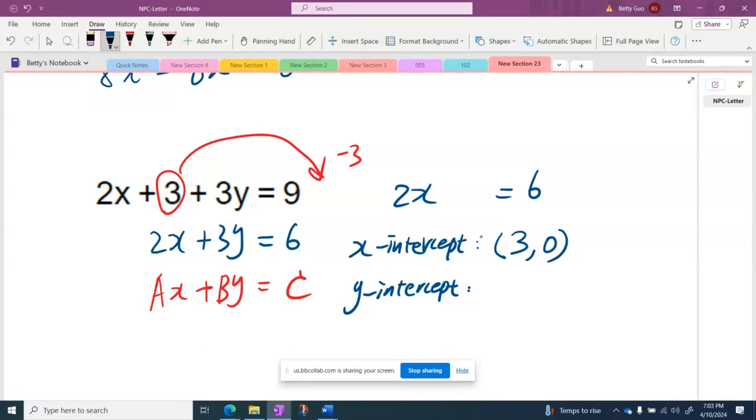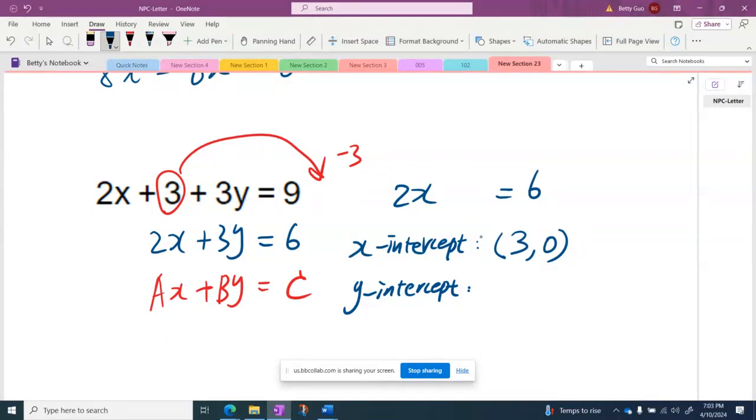Let me do it again. There was a 3y here. When we are looking for the x-intercept, we make y be 0. You plug in y equals 0, and this term becomes 0, right? This term is going to disappear.